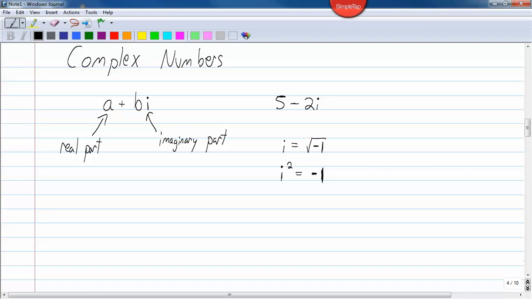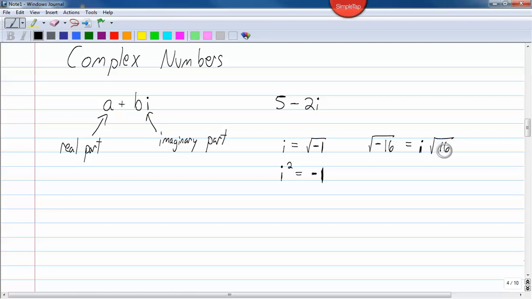So what that would allow me to do, that you may or may not have known previously how to do, is how to write an answer for something like the square root of -16. The square root of -16 can be written as i times the square root of 16. So I can get rid of this minus under the radical if I put an i on the outside.